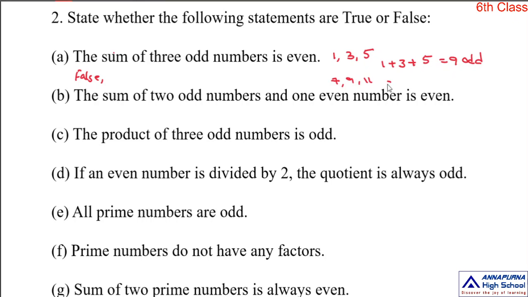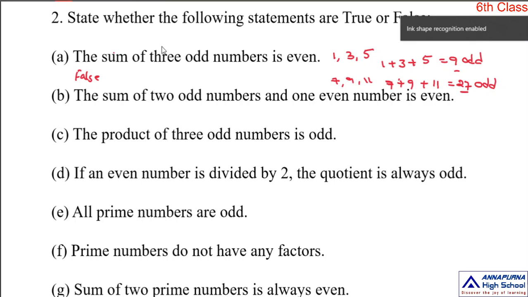These three are odd numbers. 7 plus 9 plus 11. 11 plus 9, 20. 20 plus 7, 27. 27 is also an odd number. The sum of three odd numbers is always an odd number. That's why this statement is a false statement.